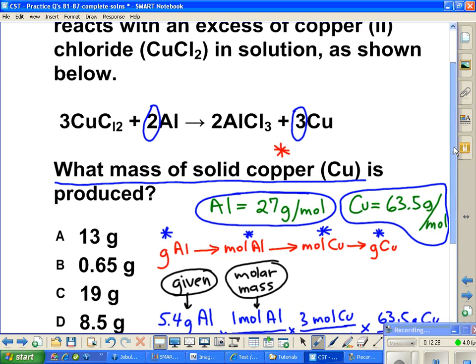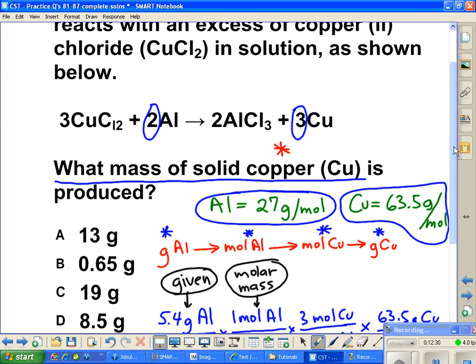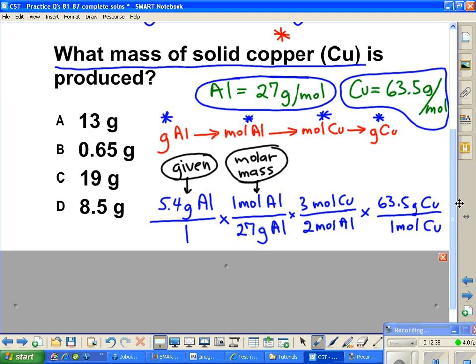And the mole ratio, I circled the ones that we're using. 2 aluminums equals 3 coppers. That's their ratio. This is the mole ratio, just the plain ratio from the equation. And that's where this fraction comes from.